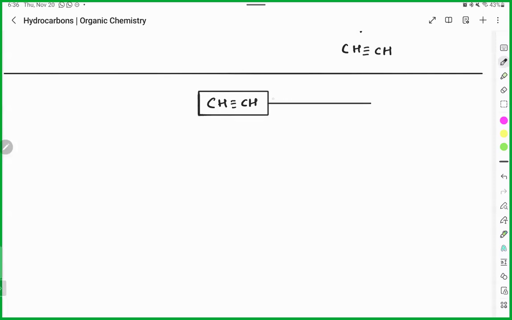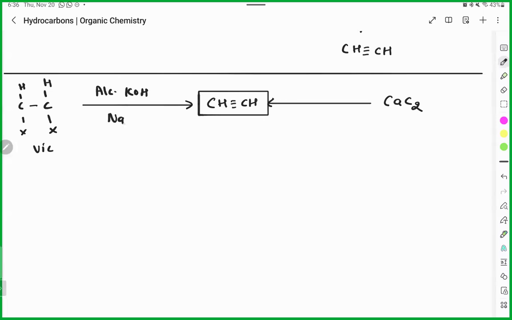One from calcium carbide, and second from the dehydrohalogenation process, where you have two halogens in the vicinal form. Here you use alcoholic KOH and sodamide, and here you use H2O. That's all. Okay, enough.